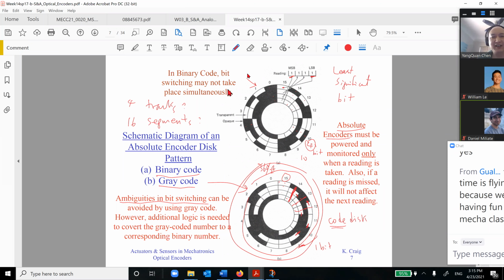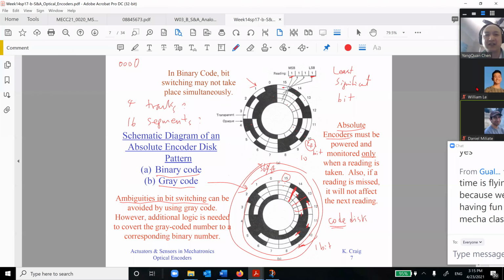So for A, this one is called binary code. Why? You can see we go from here. If we say the dark is 0 and the white is 1, this first segment is called 0, 0, 0, 0.